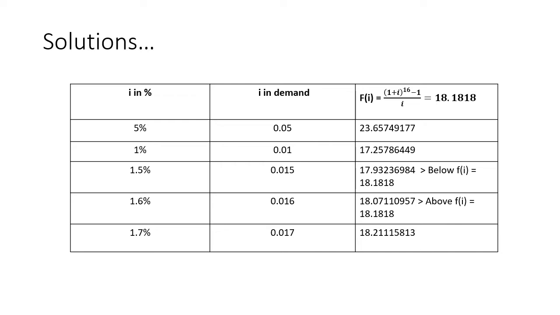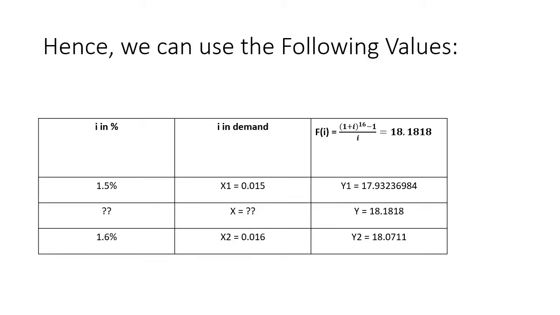And we have 1.6%, which is 0.016, substituted in place of I, which gives us 18.071109. This value is what I intend to take, as it's above 18.1818. So then we use the following values to estimate the value of I.